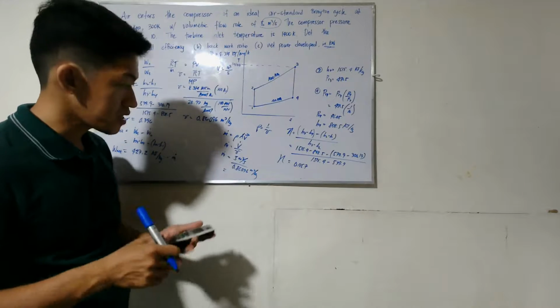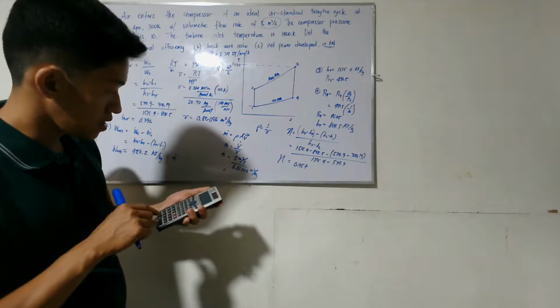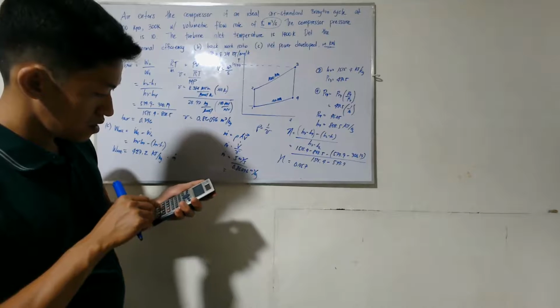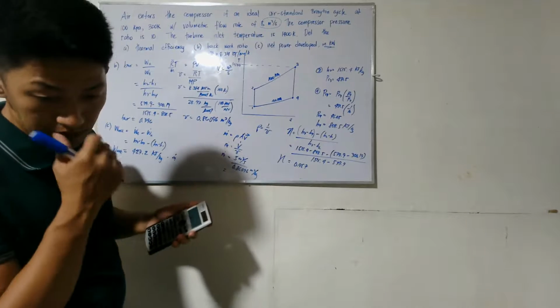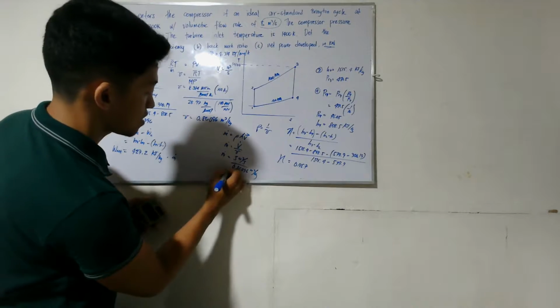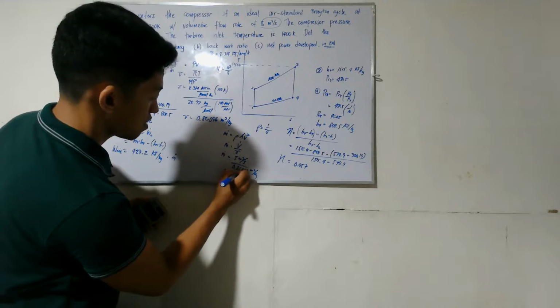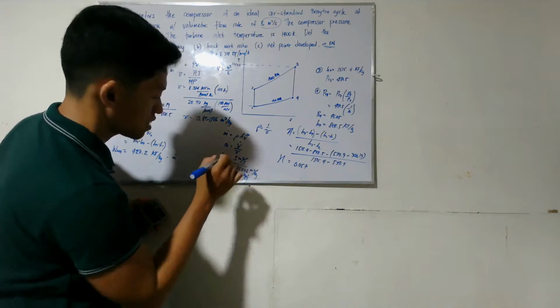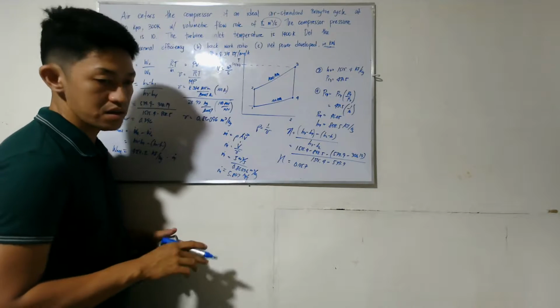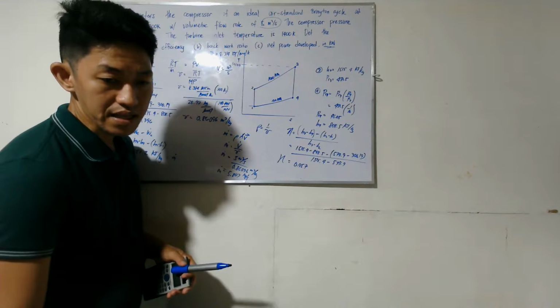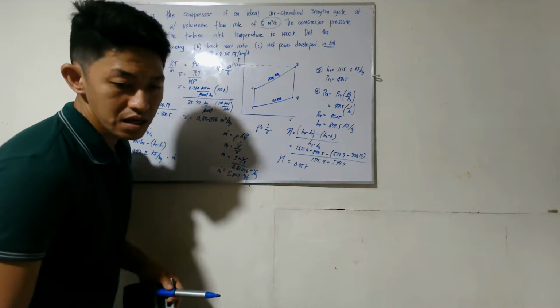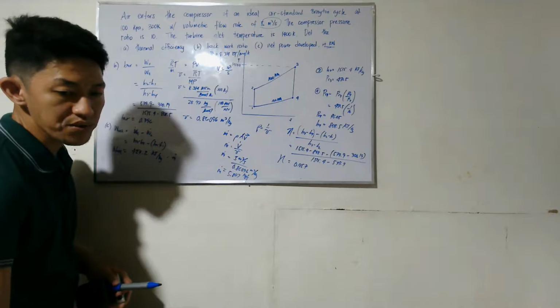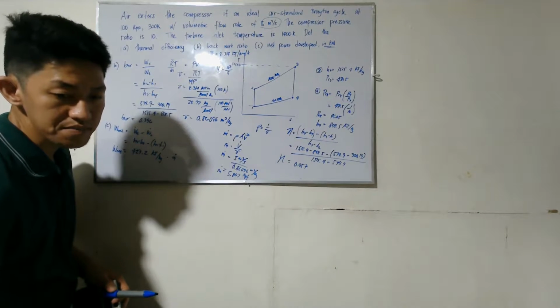Therefore, the mass flow rate is 5.807 kilogram per second.